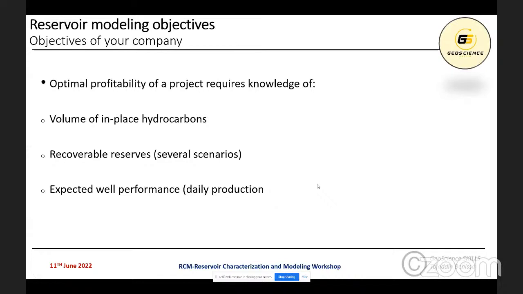To obtain the optimal profitability of a project, there are key pieces of information that we need to acquire. To summarize, it requires knowledge of three important factors. The first one is the volume in place, which is how much hydrocarbon is under our feet.